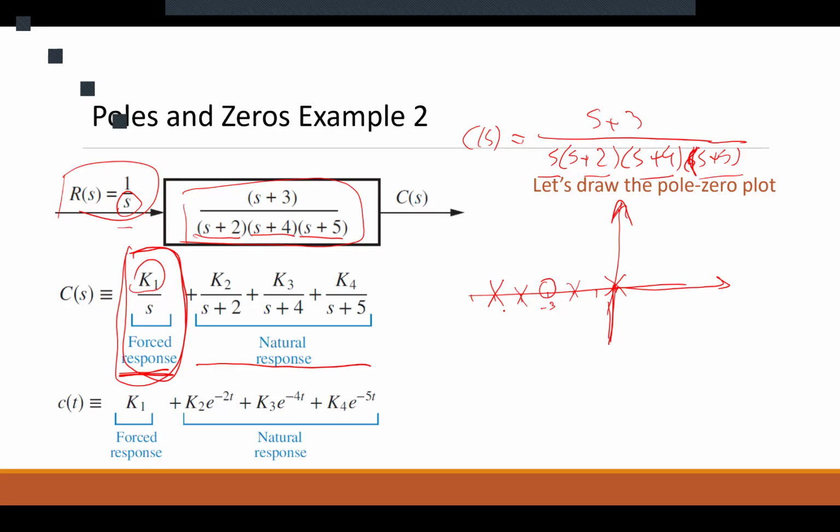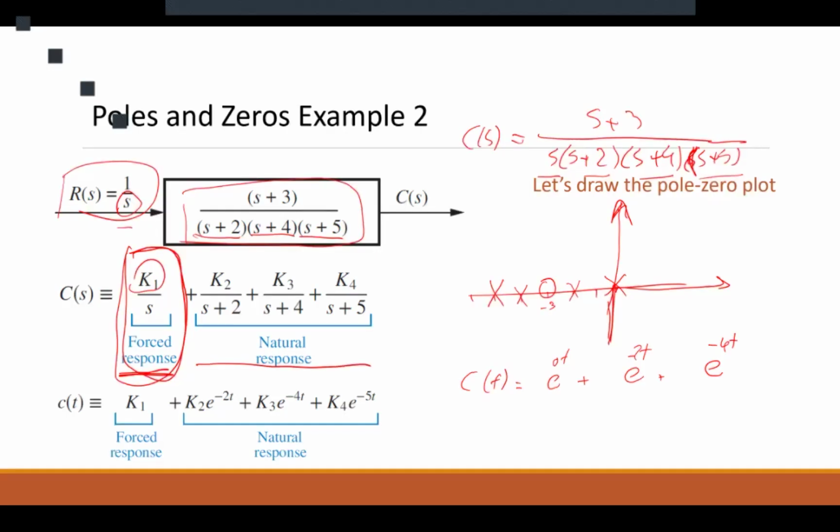So the terms that we are going to see in our c of t, using just the plot, are going to be something times e to the power of 0t, plus something times e to the power of minus 2t, plus another thing with the coefficient e to the power of minus 4t.